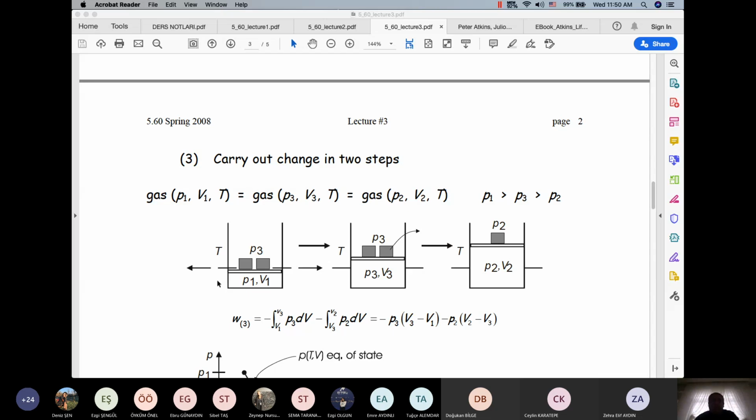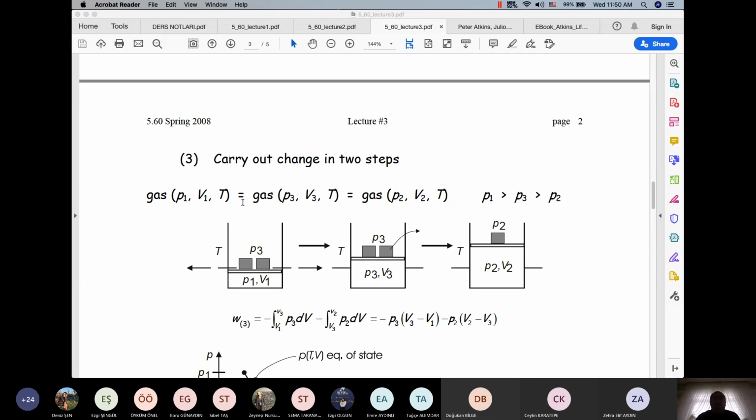I put 2 weights. Okay, P3 is some pressure in between P1 and P2. It's less than P1, but it is more than P2. Okay, it's in between. And just like the pressure, the volume V3 is also in between V1 and V2. It's more than V1, it's less than V2.